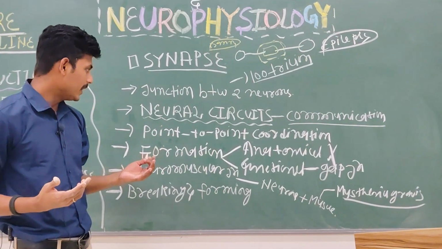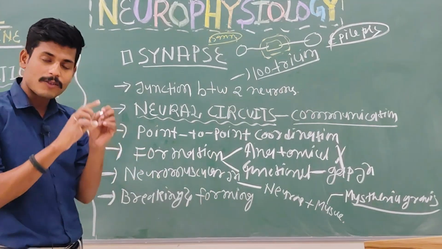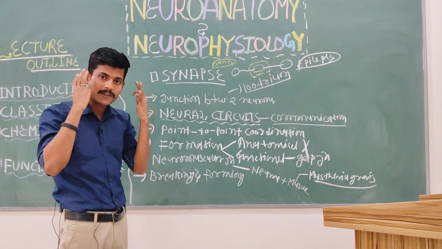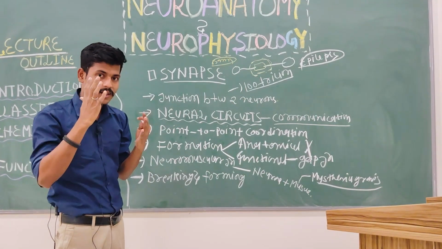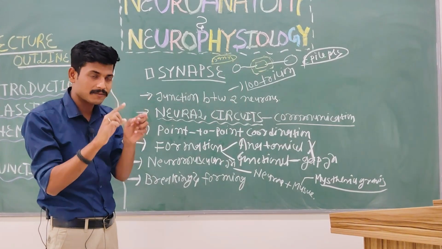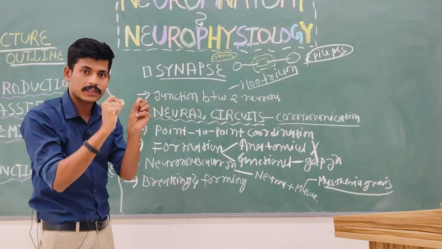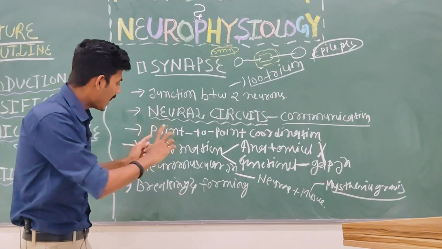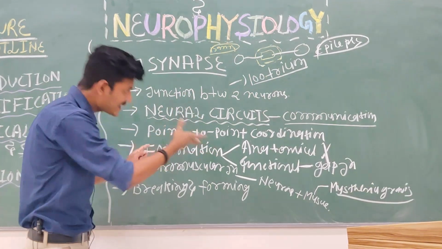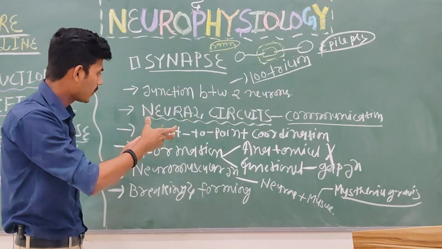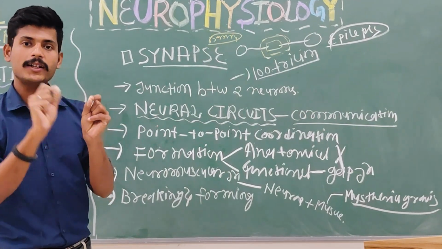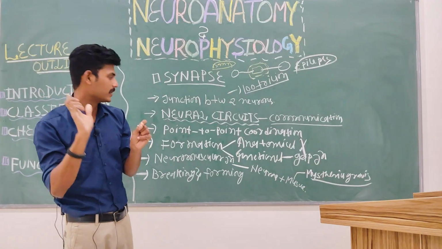These synapses form the neuronal circuit in our central nervous system, and these circuits serve communication between one neuron and another, and by this formation there is point to point, precise coordination.